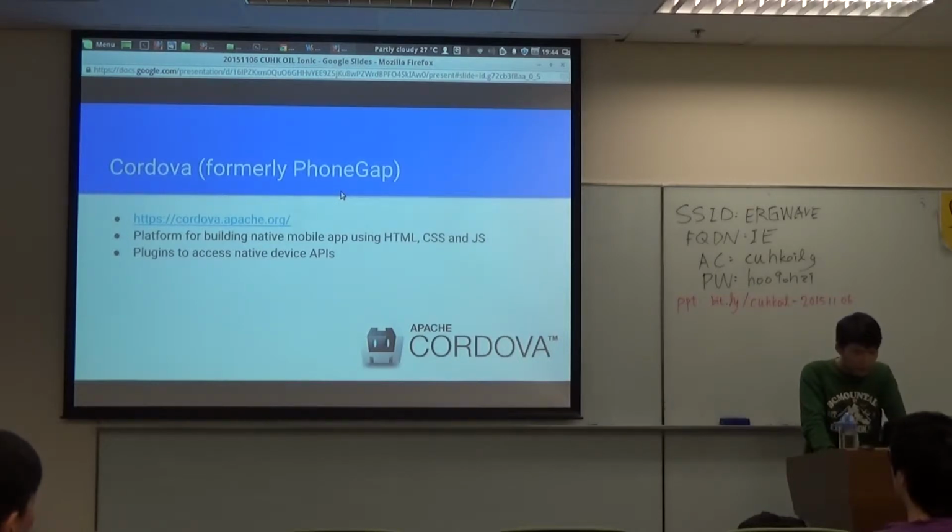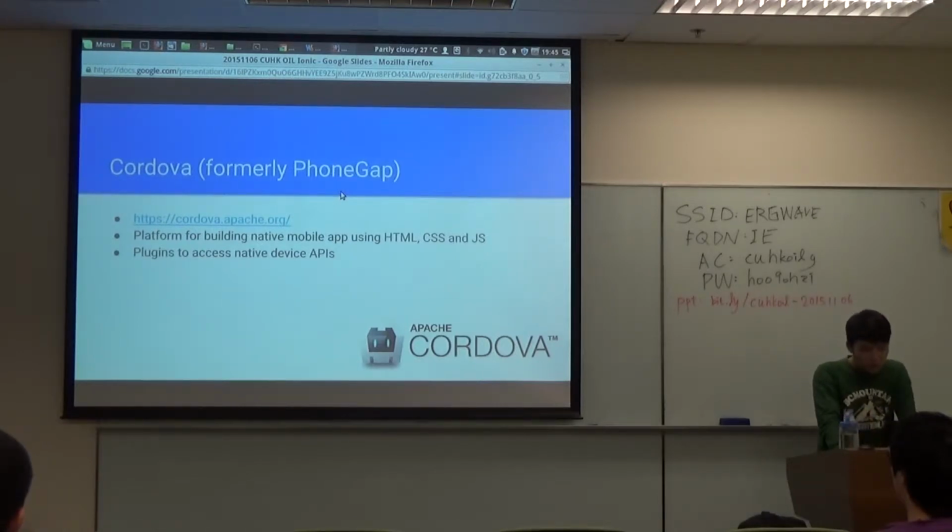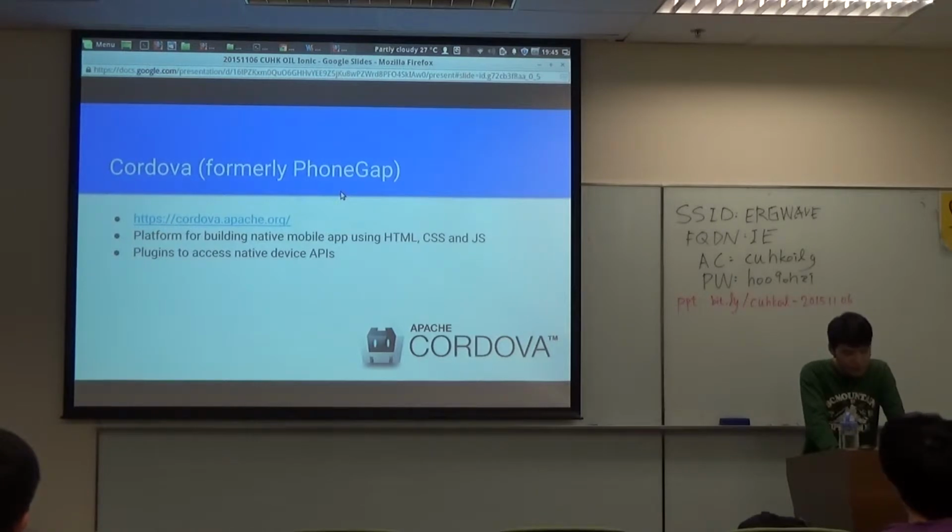It also provides plugins to access native device APIs, for example, accelerometer, camera, and battery information. So with Cordova plugins, you can do most of the things you want. I've talked about Cordova like 1 year ago here, and it has evolved a lot since then.